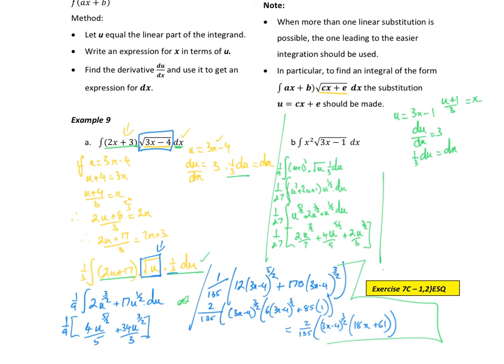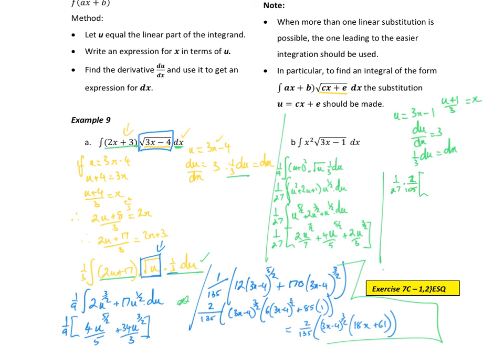Anyway, that'll do us. Look, to be honest, I'd be pretty happy with those, but let's have a good go at this. I've got 1 on 27. I'm going to put 2 on 105 out the front of, I'll just leave everything in u for now.